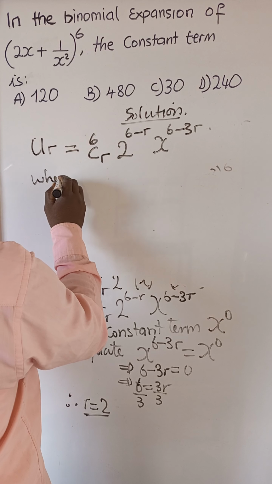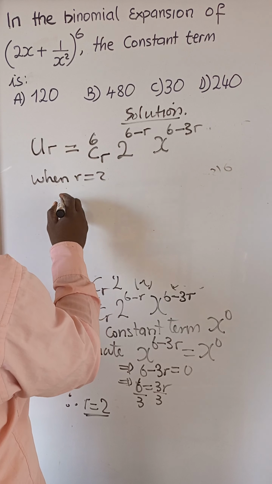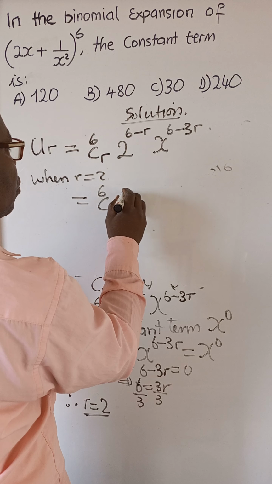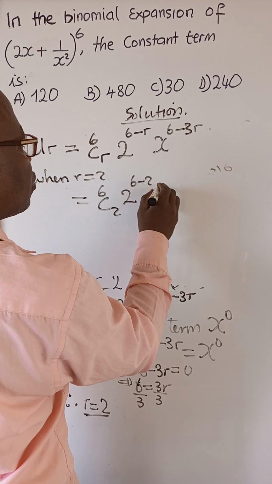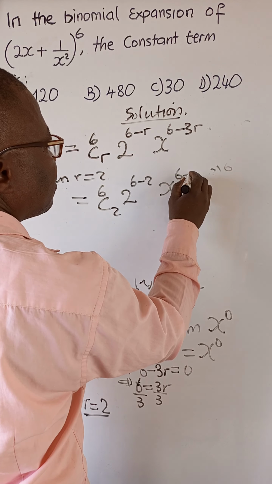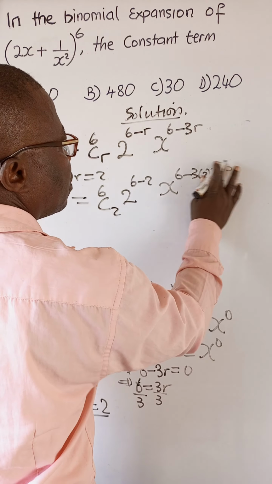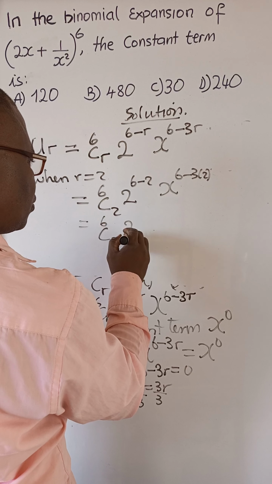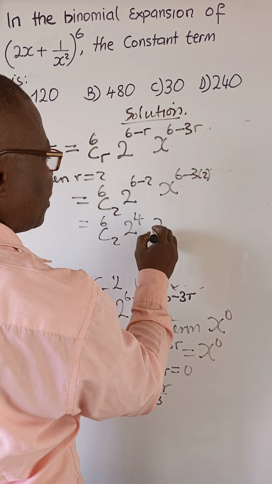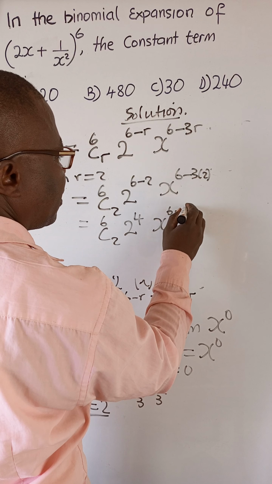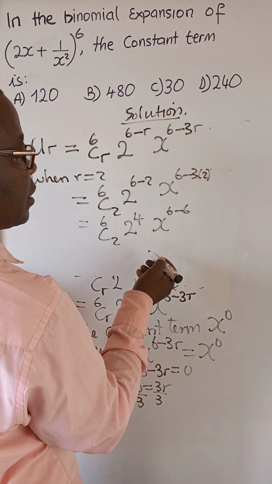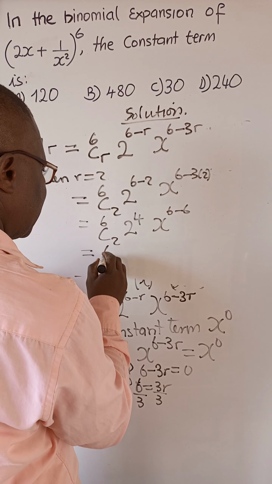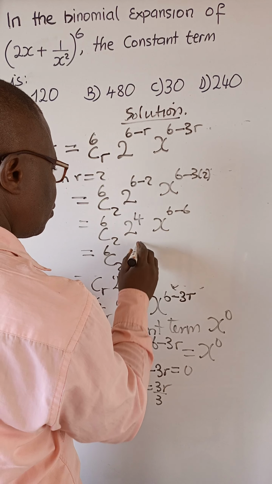So when r is 2, that term now becomes 6 combination 2, 2 to the 6 minus 2, x to the 6 minus 3 times 2. Okay, this gives us 6 combination 2, 2 to the power 4, x to the 6 minus 6. And 6 minus 6 is 0, and anything raised to the power 0 is 1. So that term will just be 6 combination 2, 2 to the power 4.